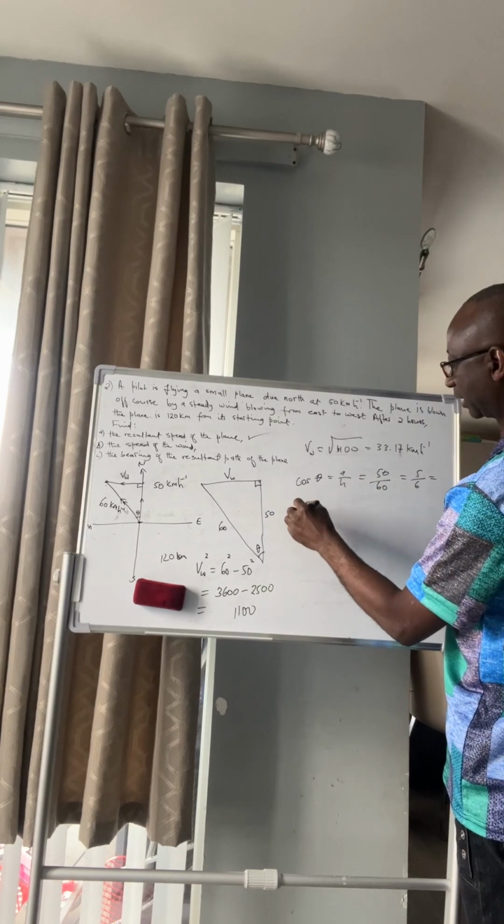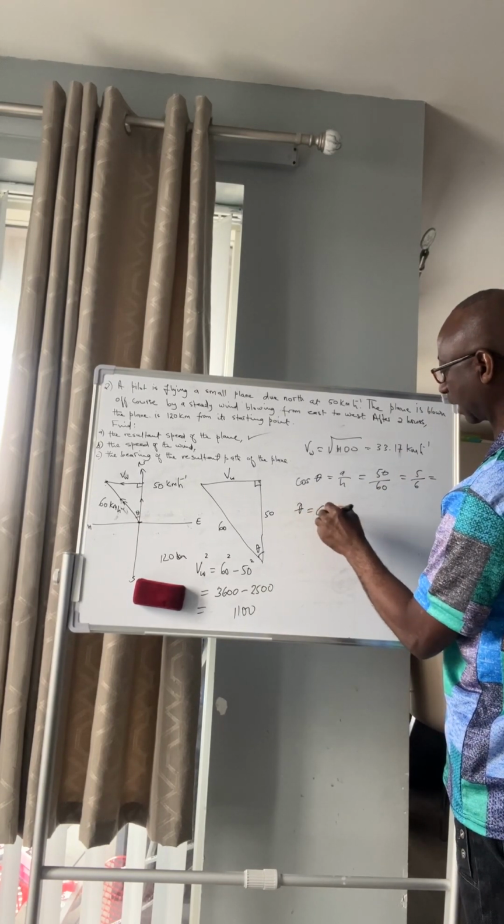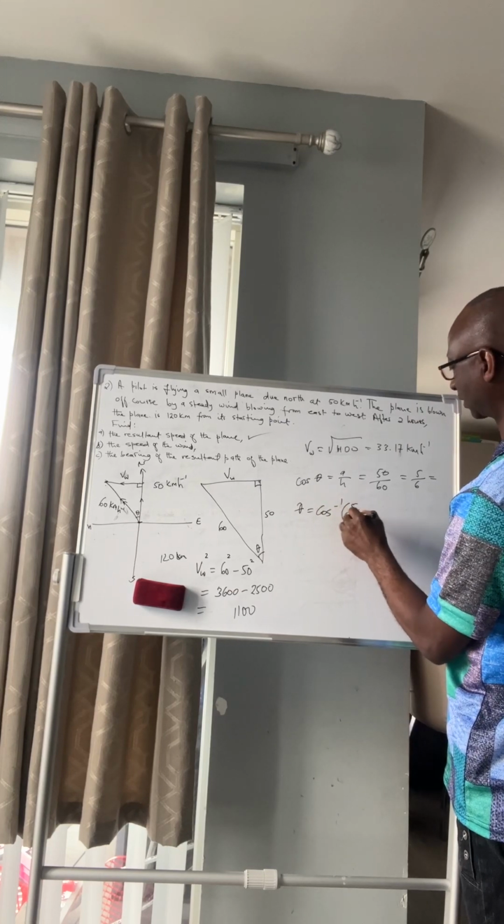You now have theta equals arc cosine of 5 all over 6.